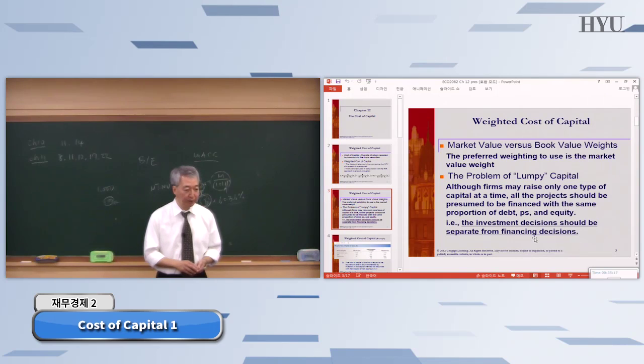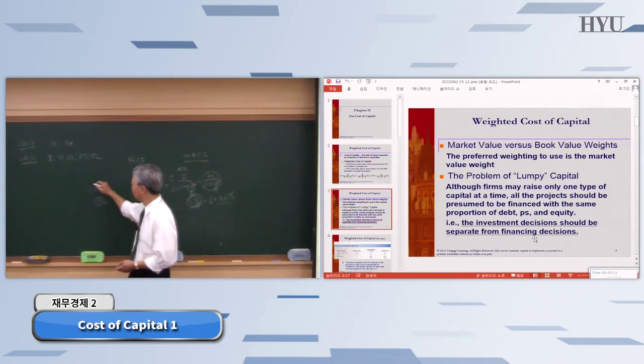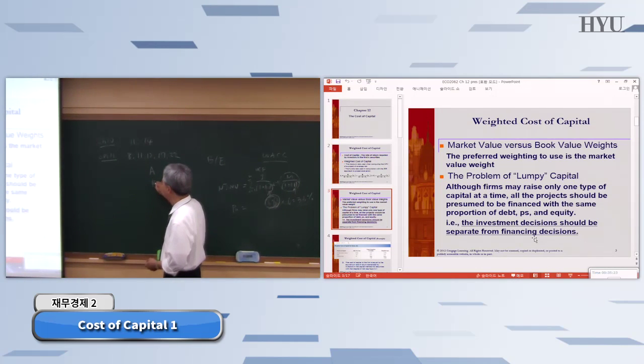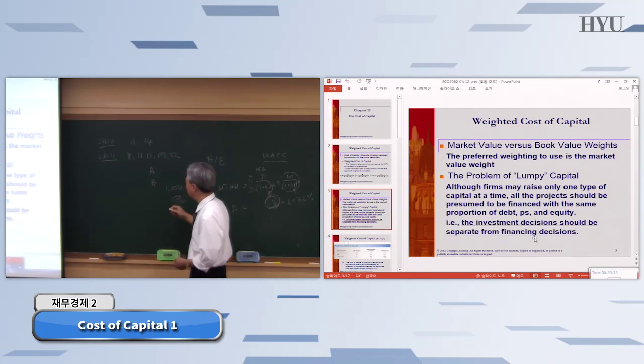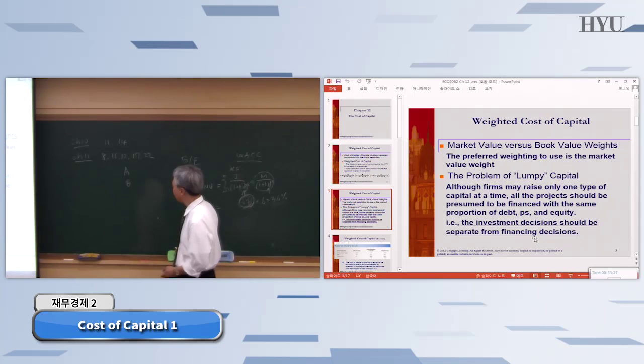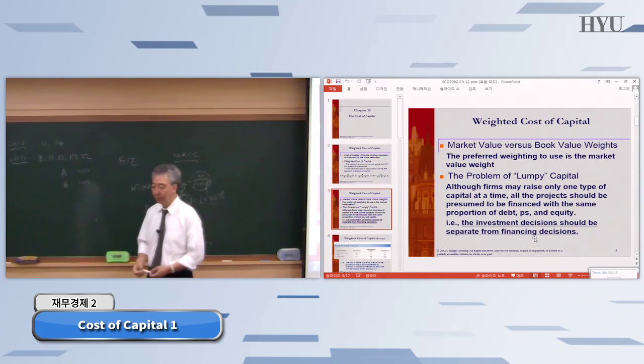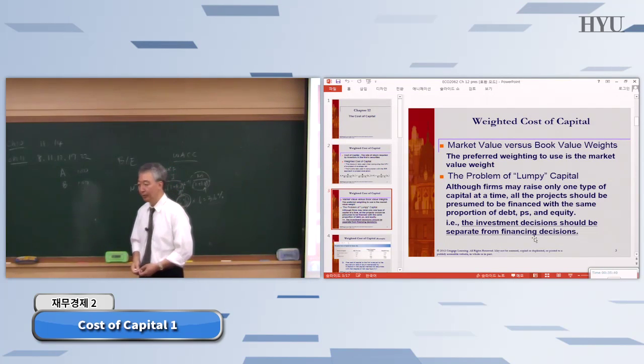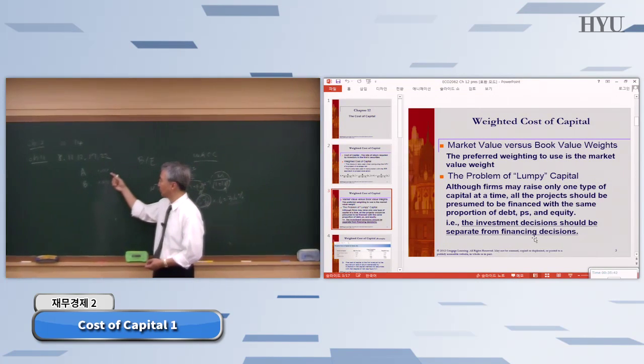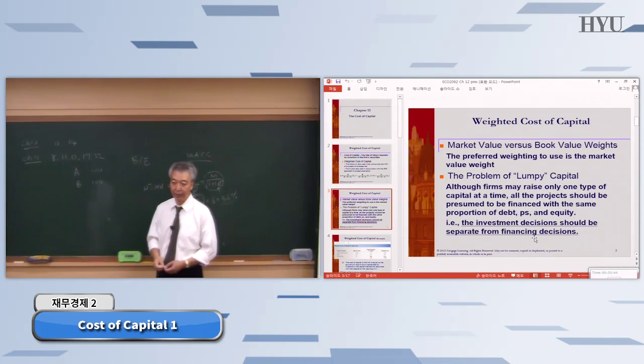So the problem is, what about the next project? Project A, and then B. Let's say each requires $100 million, and they are equally risky. So in many senses, projects A and B are identical projects.